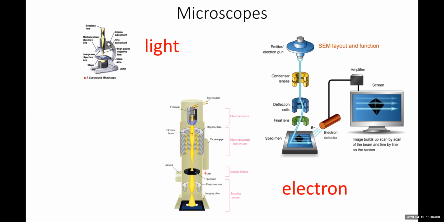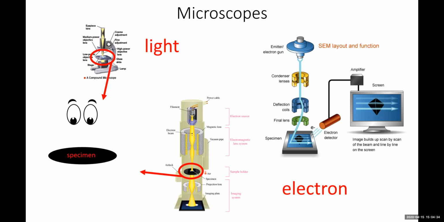So let's have a look at the light microscope and the TEM, the transmission electron microscope, which is in the middle. These two have some things in common, and they have similarities that they need to have a specimen. Now, a specimen is the thing that we're looking at. Okay, so it needs to be very, very thin, and it needs to be thin so the light can travel through.